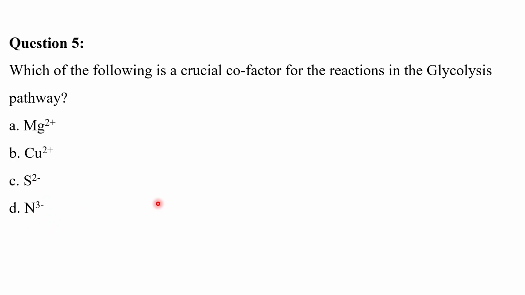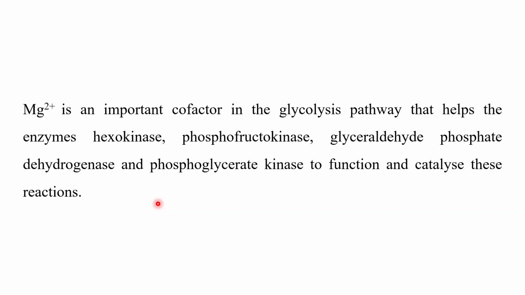The correct answer is option A, Mg2 plus. Why? Because in the glycolysis pathway you have different enzymes: hexokinase, phosphofructokinase, glyceraldehyde phosphate dehydrogenase, and phosphoglycerate kinase. All these enzymes require Mg2 plus for their activity.